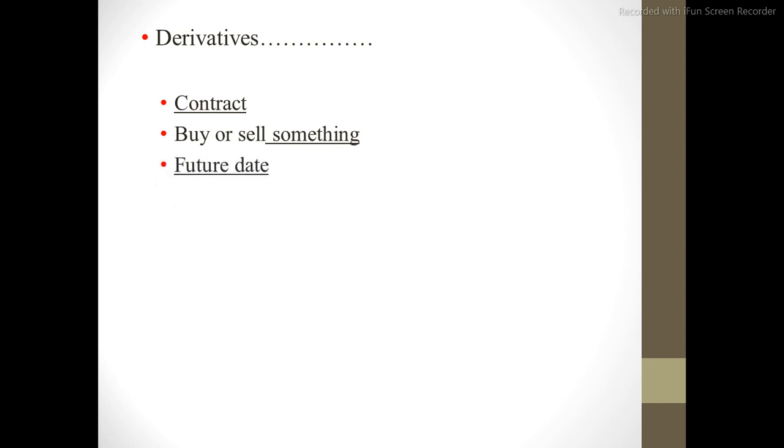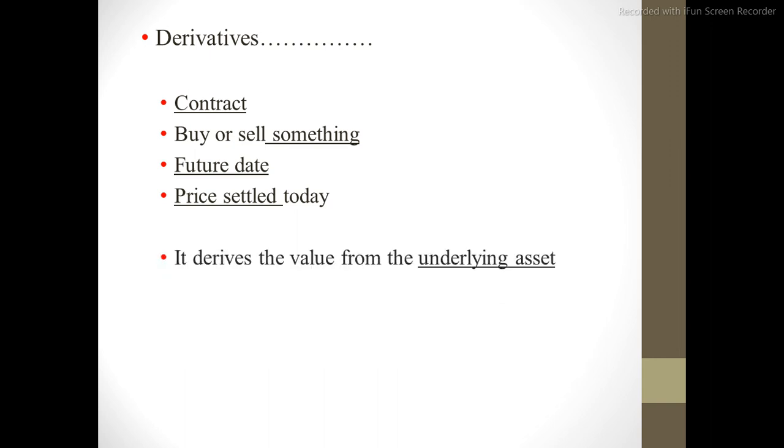Third, the contract must be exercised at a future date. And the last important point is that the price for the contract must be settled today. Whenever these four points exist in any agreement, we can call that agreement a derivatives contract.